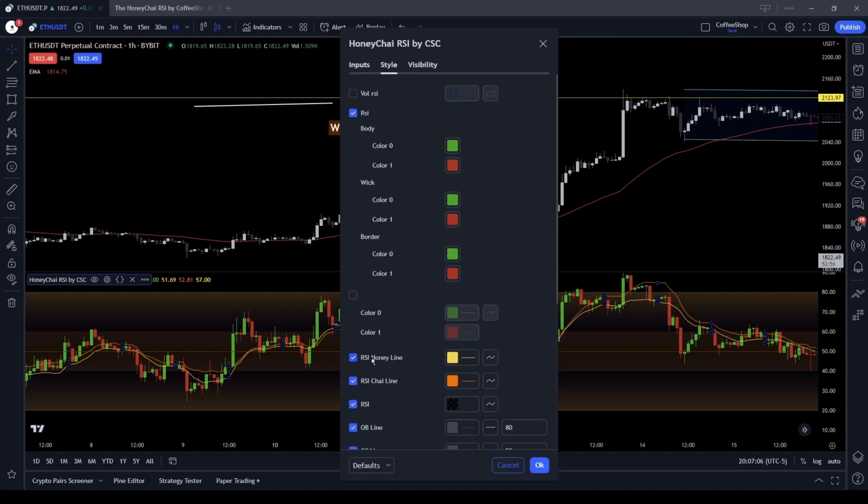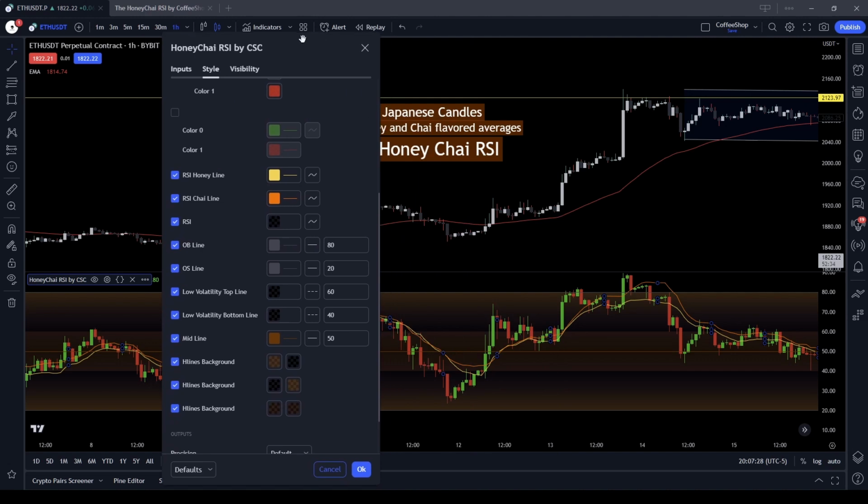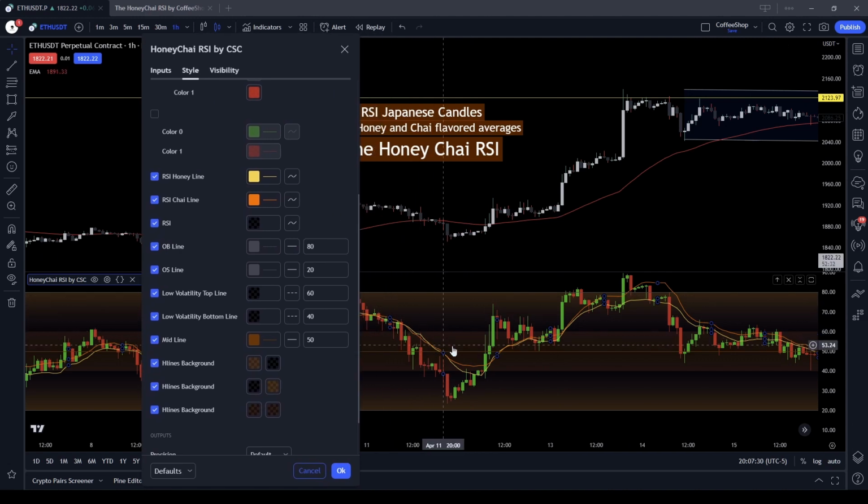You have the honey line, okay, and the chai line. Now, the honey line should always be above the chai line, okay? Yellow above the orange. The honey line should be above the chai line when you are looking for long trades, and the reverse if you're looking for short trades. The honey line is on the bottom, okay? And that's pretty much it, right? Nope, that's not it? Okay, fine. One more thing. And I'll tell you more about the moving averages in a second.